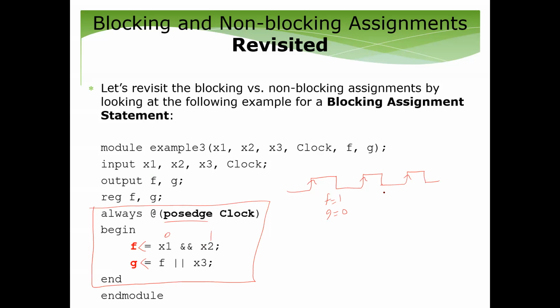Therefore f should take on the value of 0. Now g, when you calculate g equal to f or x3, using non-blocking assignment, this will make g equal to 1 or x3. Okay, it's going to take the previous value of f, not the updated value of the current cycle, which is how sequential circuits work.